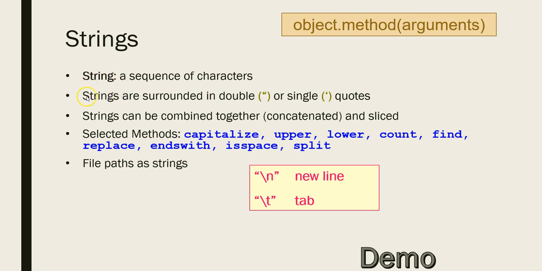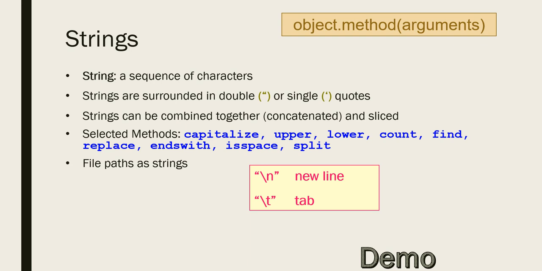To inform Python, this is the whole string, the text I want you to store in variable v, you have to surround it by double or single quotes. It doesn't matter which one you use, that's exactly the same. They become handy when you have to use quotes within quotes.